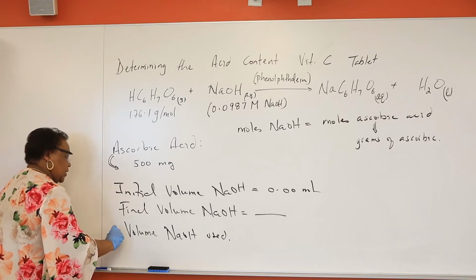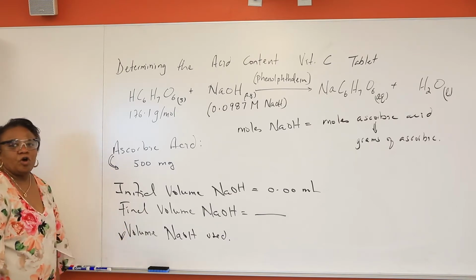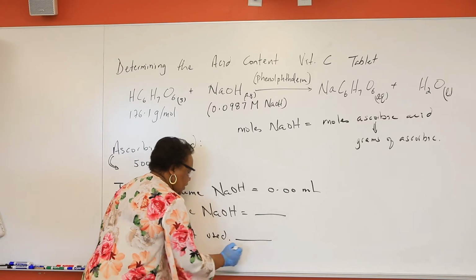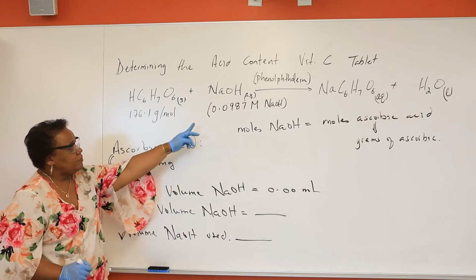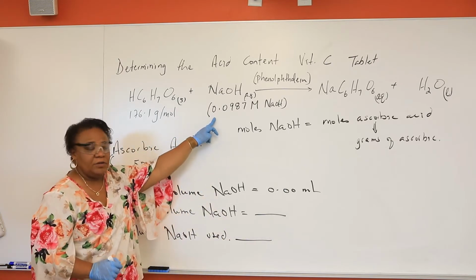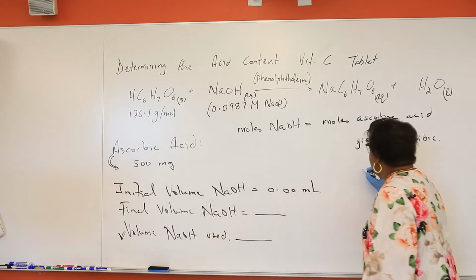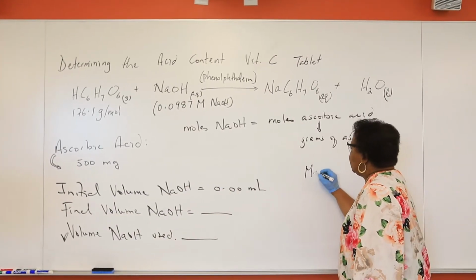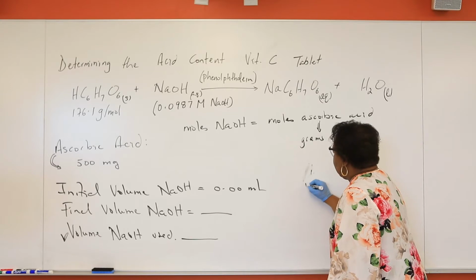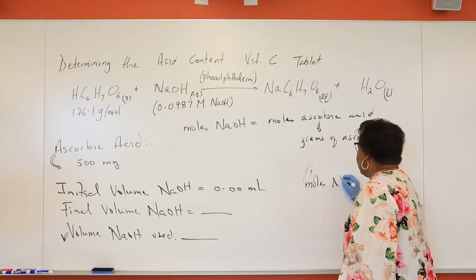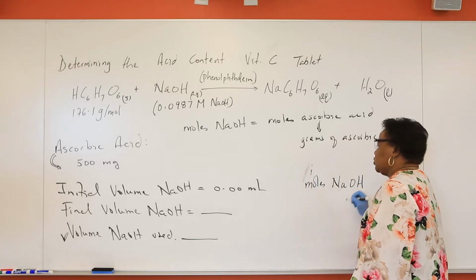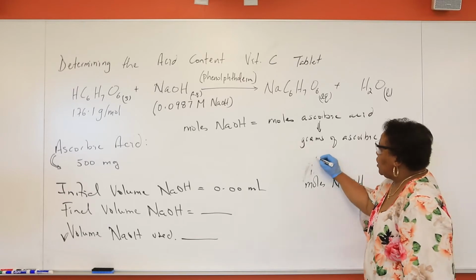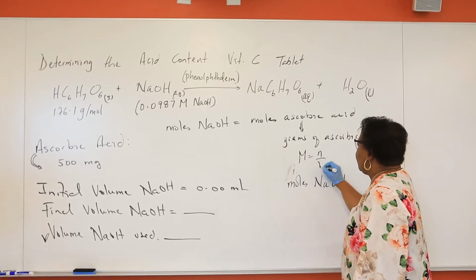Please note, if you know the volume of sodium hydroxide, and the molarity is known, it's 0.0987, you should be able to calculate the moles of your sodium hydroxide solution. Using your equation, molarity is equal to moles over volume.